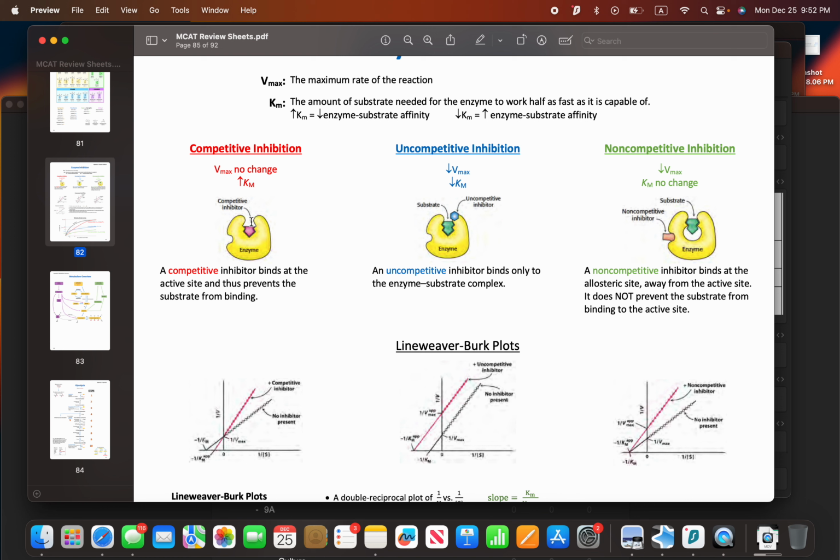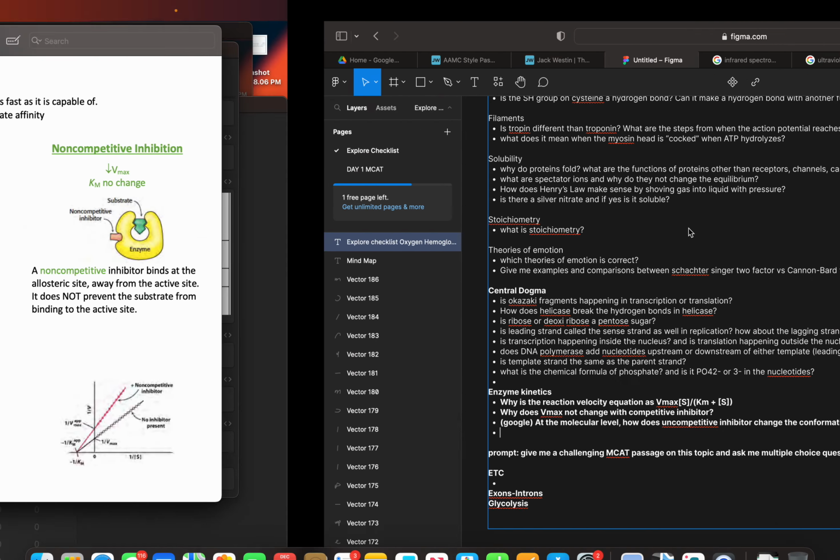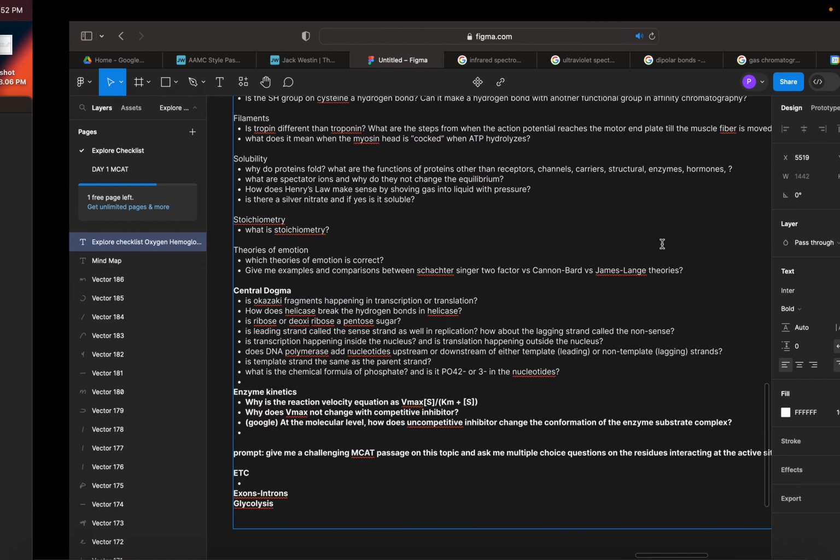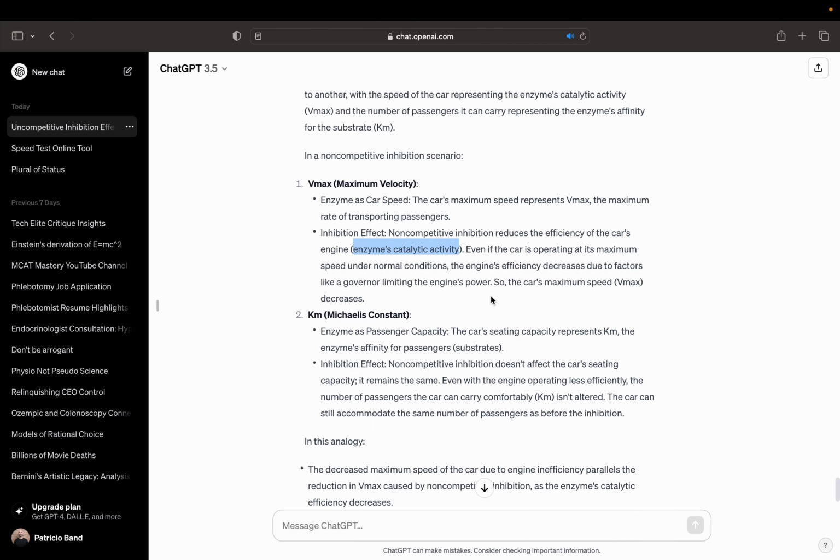So that's why your Km also increases because there's more competition. But here, it doesn't matter how many substrates you add, all of them can sit, right? What's also tricky about non-competitive is that it can attach to the allosteric site on both the free enzyme or the enzyme substrate complex.